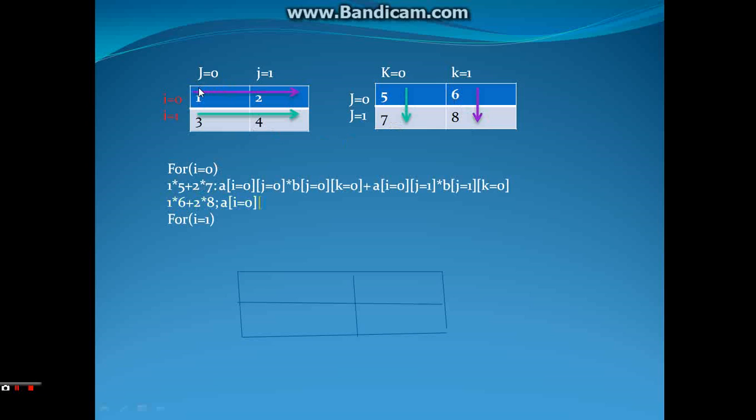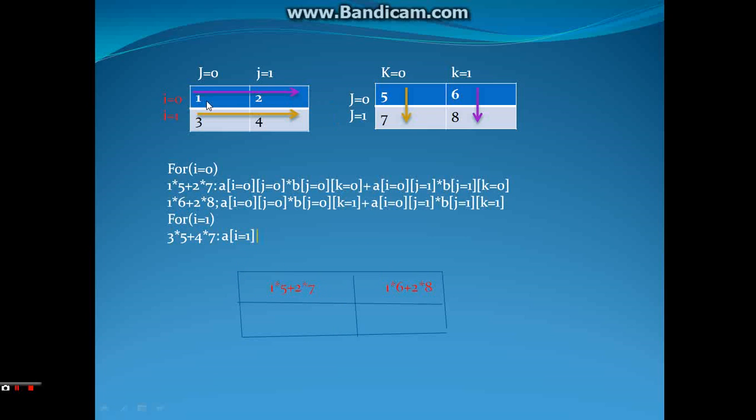Then next again it is multiplied to this and this, where this is 1 into 6 plus 2 into 8, and then multiplied through the second row and first column, and we get the resulted matrix as this.